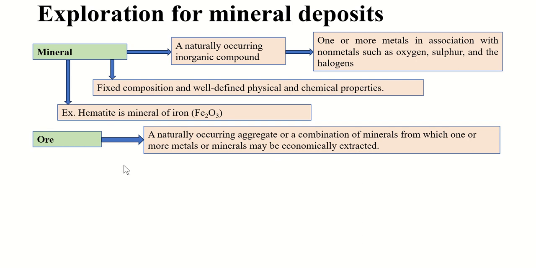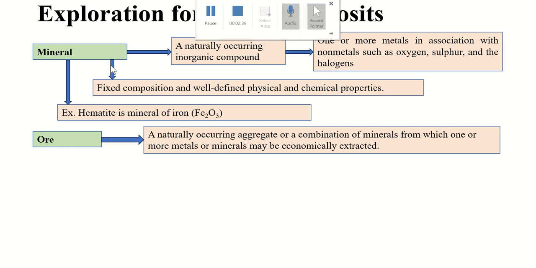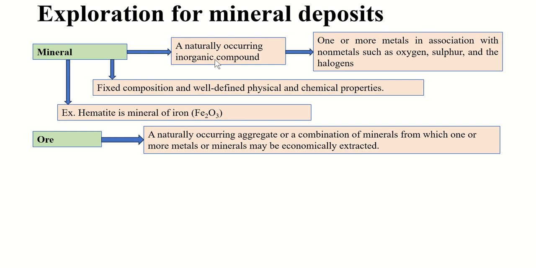So this is the basic difference between mineral and ore, because mostly people are confused between them. A mineral is a naturally occurring inorganic compound which consists of one or more metals combined with non-metals such as oxygen, sulfur and halogens.